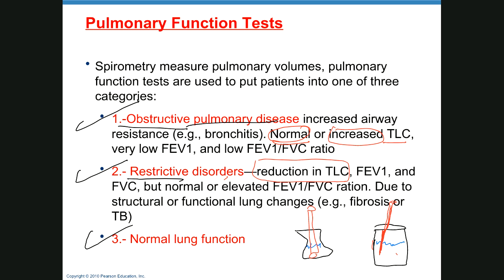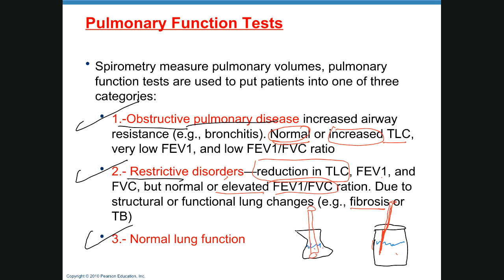The pulmonary function test may be normal or elevated because there is nothing wrong with the conduits, but there is something wrong with the lungs themselves. So TLC will be reduced.